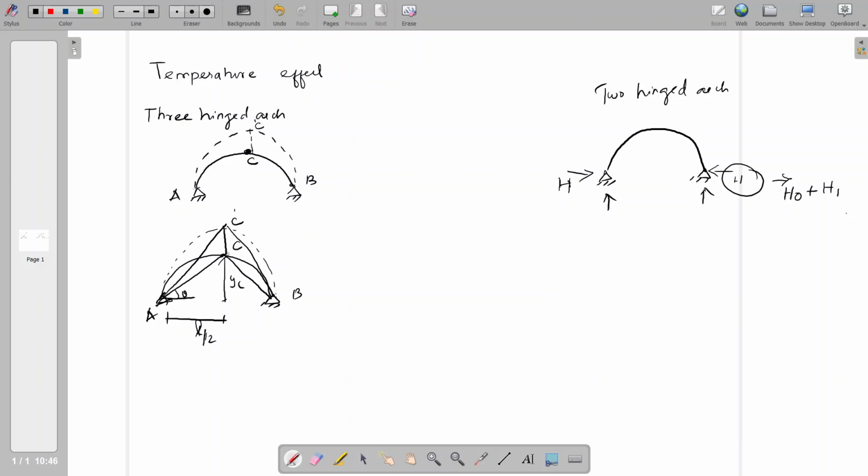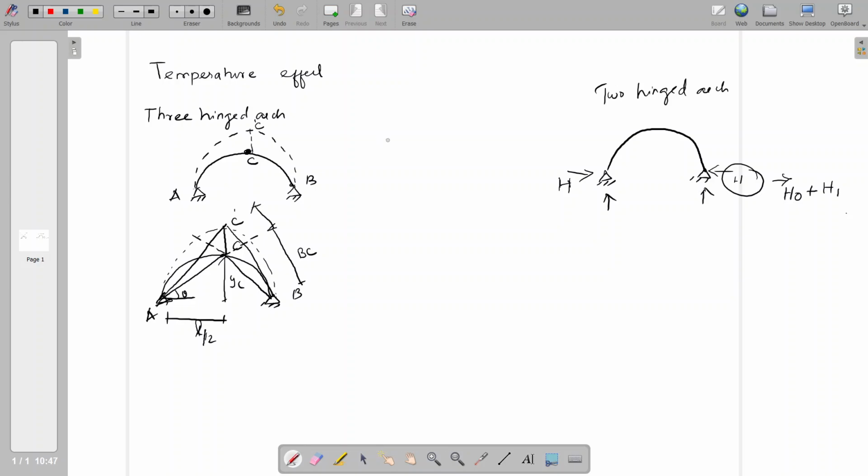Consider a right angle perpendicular line for this B to C dash. The B to C is measured here, and we have some additional expansion due to the temperature rise. So what is the expansion here?